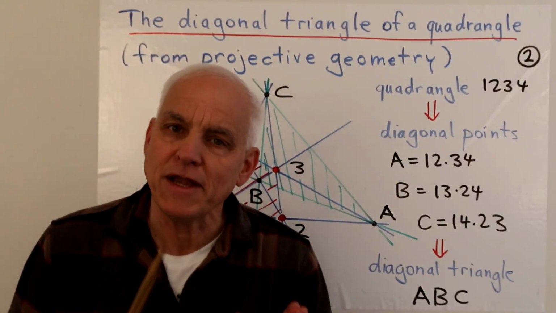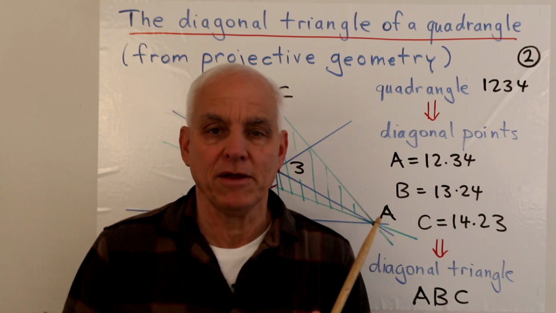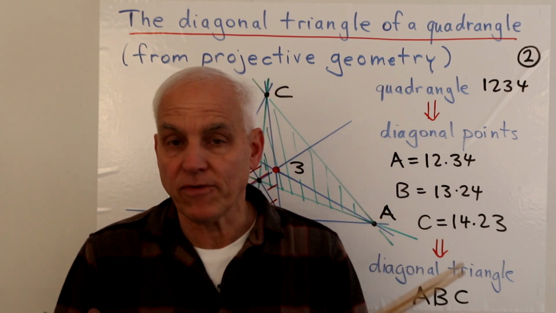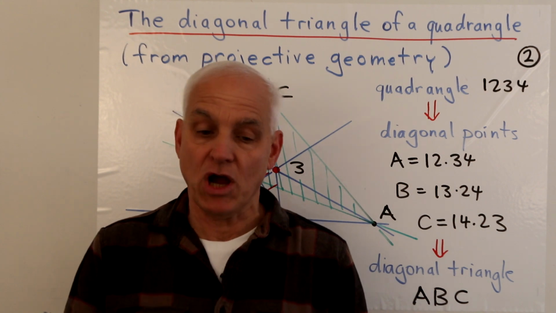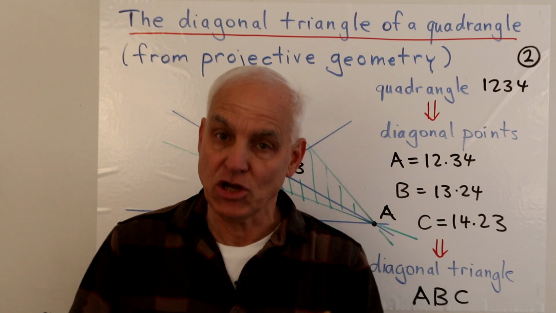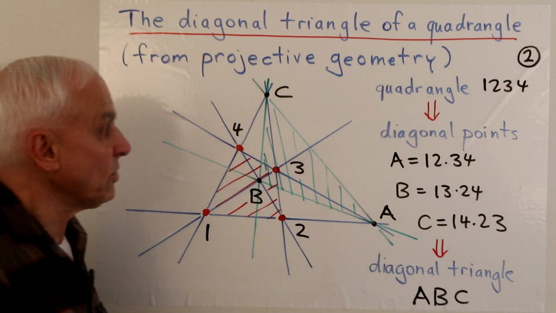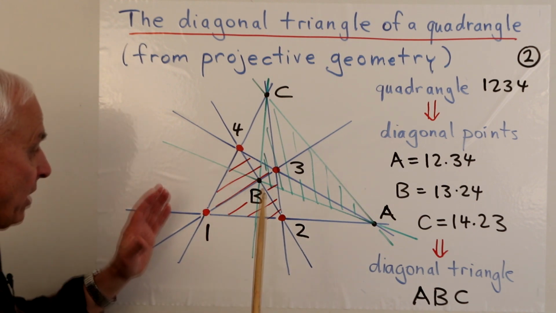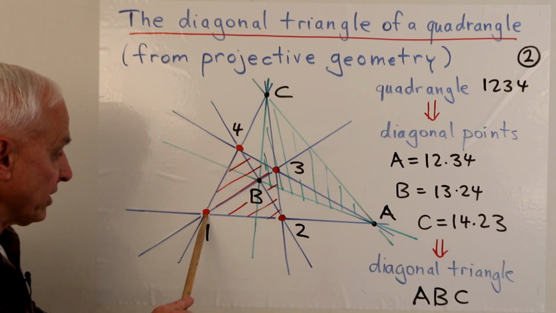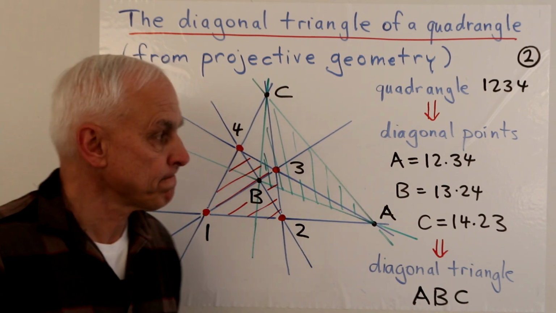Okay, so I want to now connect with some projective geometry in a very elementary kind of way. This is a beautiful and simple and natural kind of geometry in the plane, only consisting of points and lines, at least initially. So suppose that we start with a quadrangle, 1, 2, 3, 4, which we're going to visualize in the plane by 4 points, say 1, 2, 3, 4, the 4 red points.